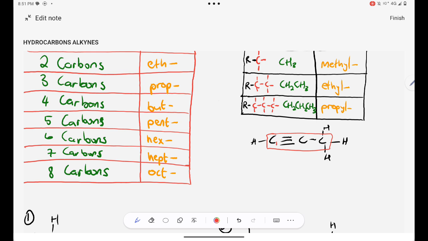So this will be carbon number 1, carbon number 2, and 3. Since my parent chain has 3 carbons, the prefix will be prop. The triple bond is between carbon number 1 and 2, and I will always write the lesser number between the two. So that will be prop-1-yne.